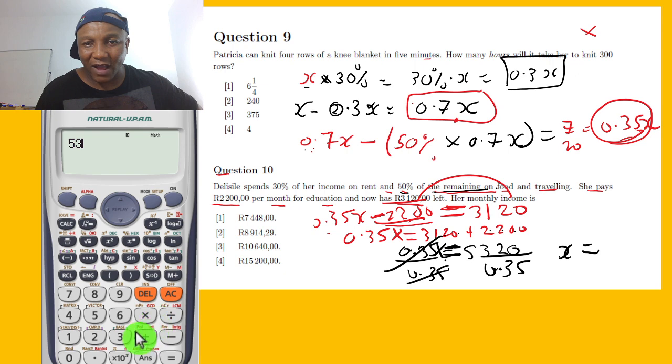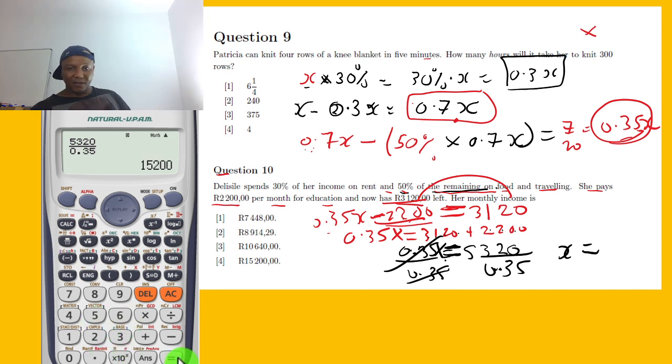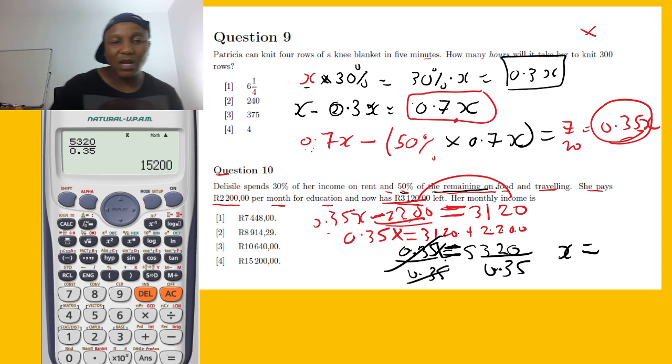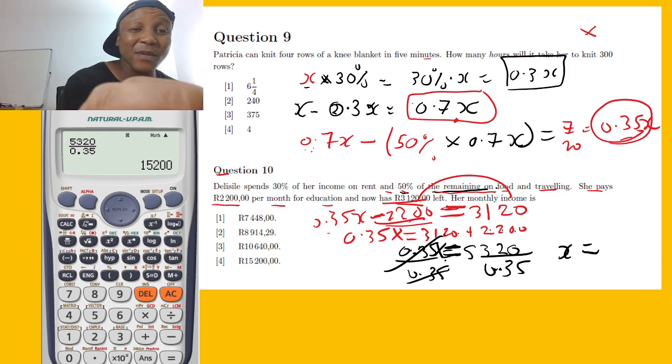Let me put it, okay. Fraction, 5320, and then 0.35. Okay, so this one here is going to give us the last answer, 15200, which is going to be the last option. Yes. Okay, so our answer right here is going to be this one right here.